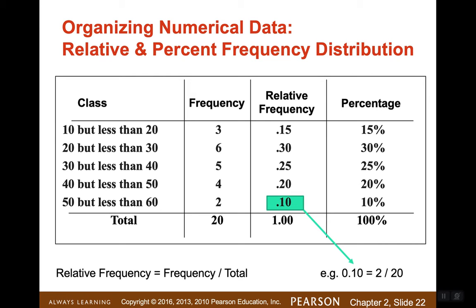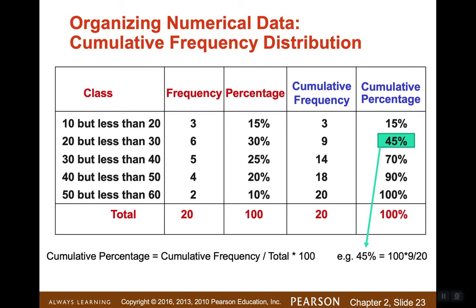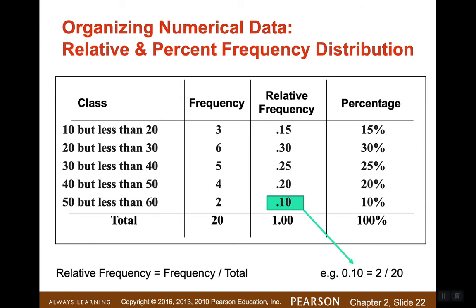And the 0.15 translates into a percentage. So basically, 15%, 30%, 25%. Everything adds up to 1 or 100%. So you always want to make sure everything adds up to 100 at the end. So this relative frequency is a first cut at a calculation.